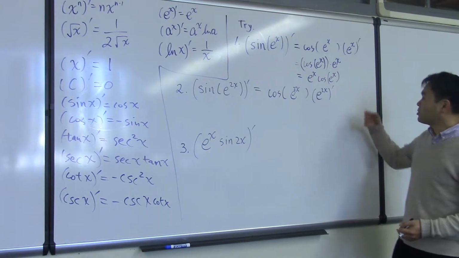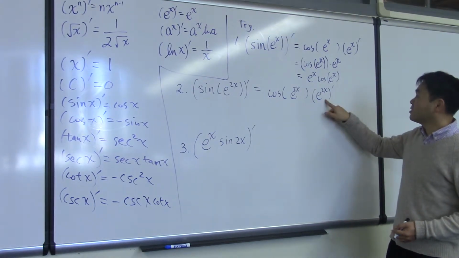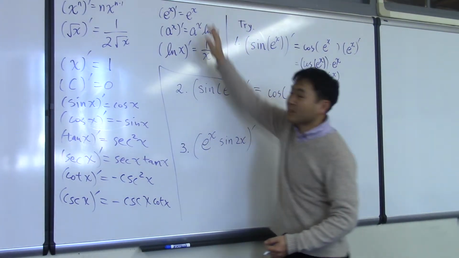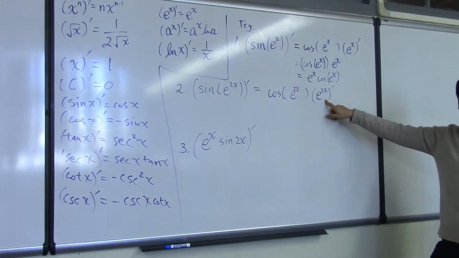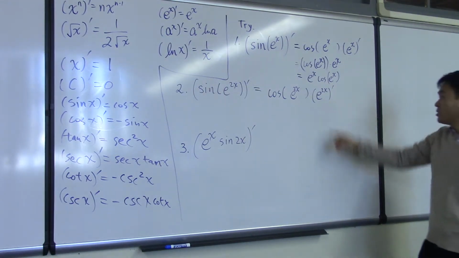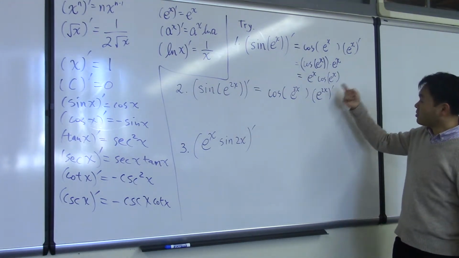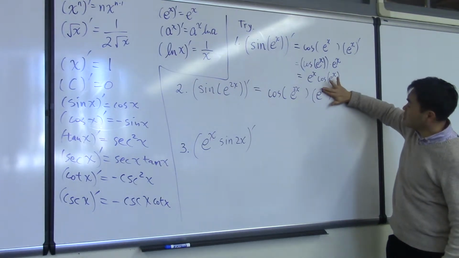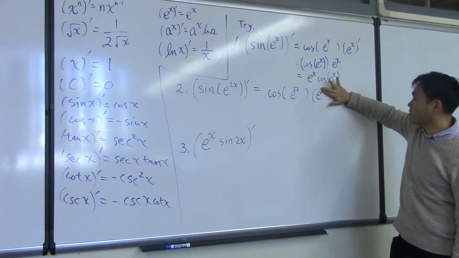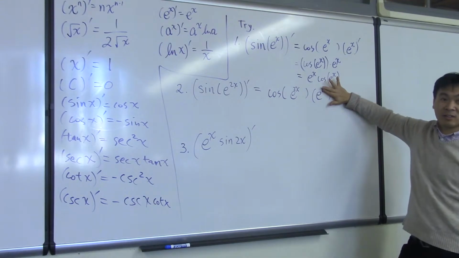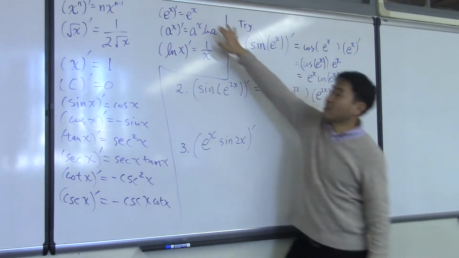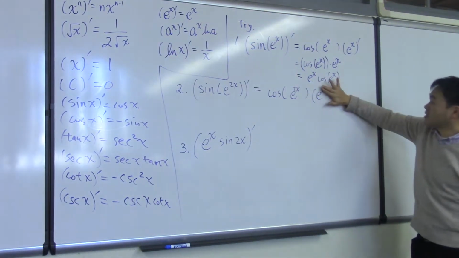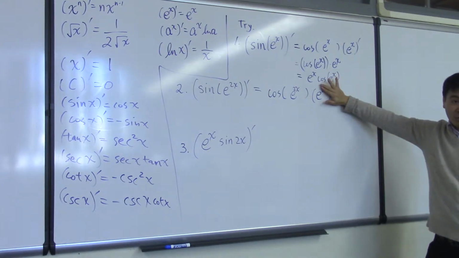But then, when you try to differentiate this, it is not exactly the same as that. And if you try to think about what kind of structure this has, you realize that this also has an inside function. In other words, if you cover the 2x and pretend that was like an x, then it's exactly that. So this is again a nested function where the inside function is 2x.